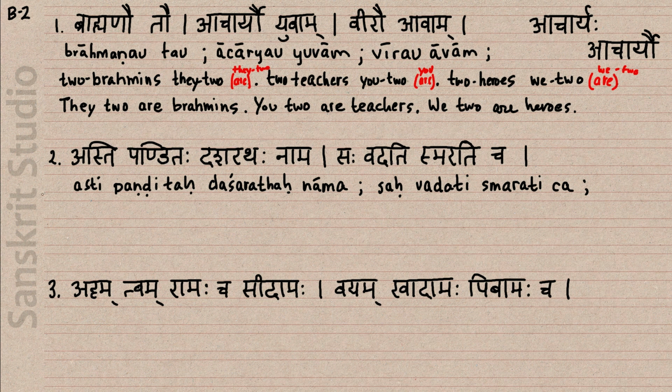And here we have one of those initial astis, so we are guessing then that it is one of those existential ones. There is, and then a pandit, just one pandit, singular, nominative.